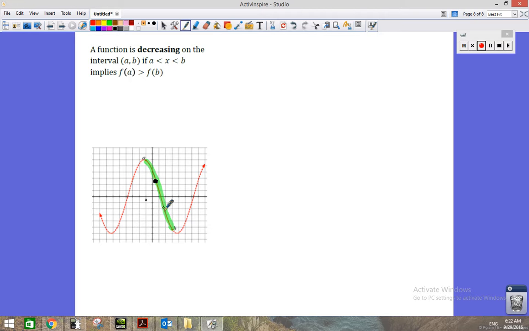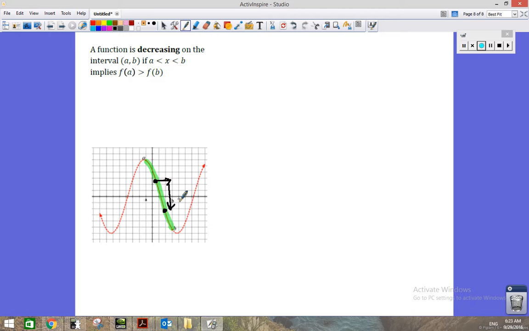If we pick any 2 points in this interval and we compare the x values and the y values, this time as x increases, as you move to the right, to stay on the graph, you're going down. So that's why we say a function is decreasing on the open interval from A to B. If A is less than x, which is less than B, implies that f of A is greater than f of B. Alright, here as x increases, y is decreasing.